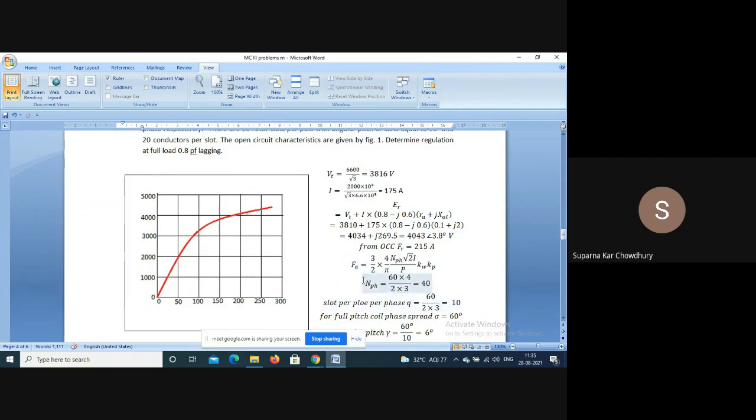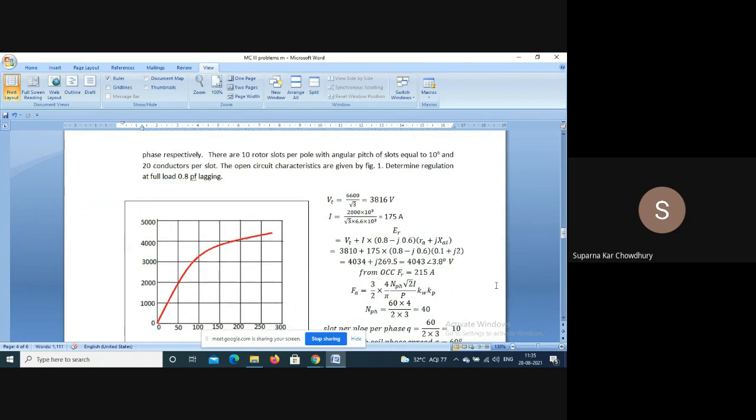That gives you N phase, so N phase is 40. Now the slot per pole per phase, the q expression in the winding factor: total slots 60, poles 2, phases 3, so q is 10.